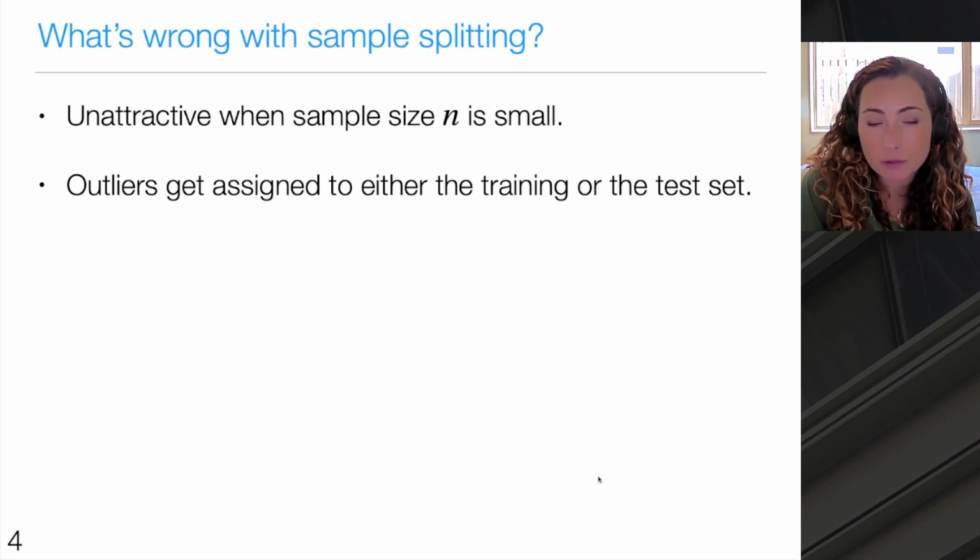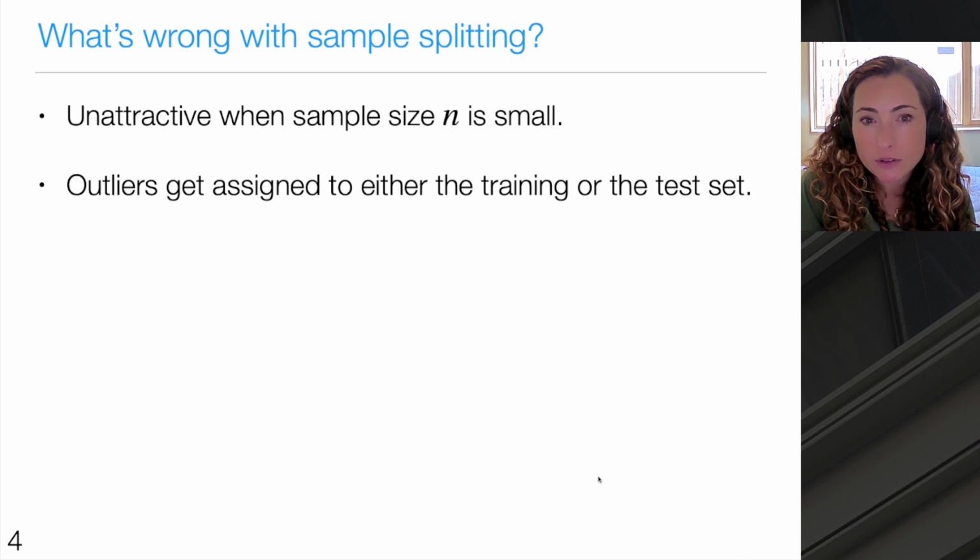Another issue is that outliers will get assigned to either the training or the test set. If you have a couple of outliers in your data, whether they get assigned to the training set or the test set will drastically affect your results. There's something pretty unsatisfactory about this.